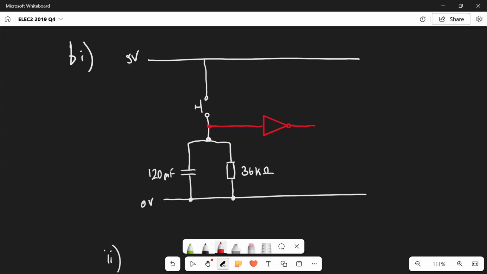So we know that we've got 12 volts when the door opens because the contacts close and the 120 microfarad capacitor completely charges, which means we've got a high on the left-hand side of the NOT gate, which means we've got a low on the right-hand side on its output.